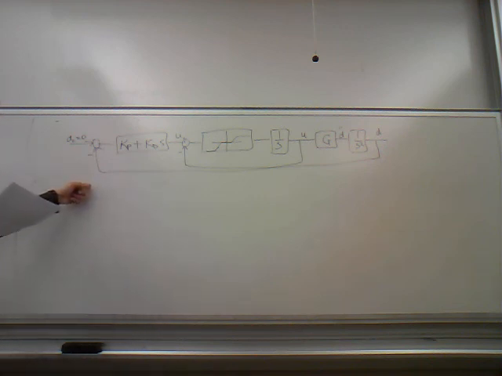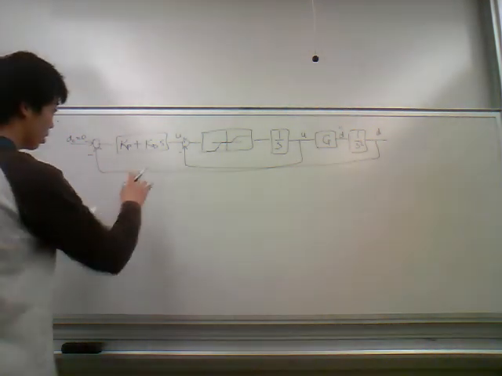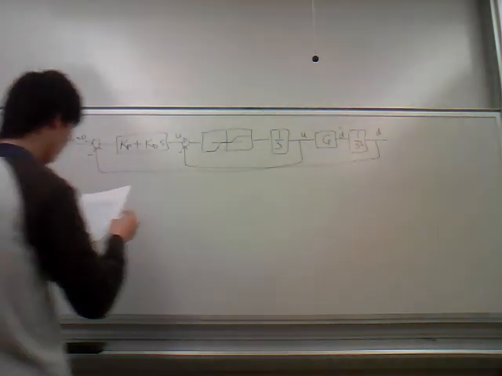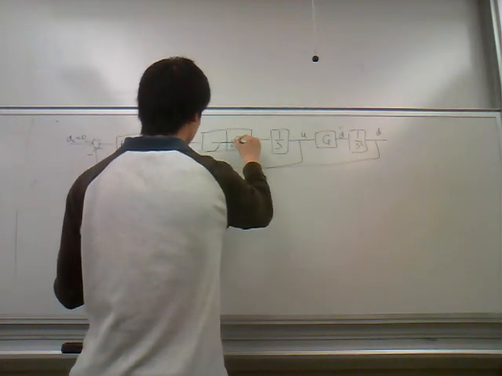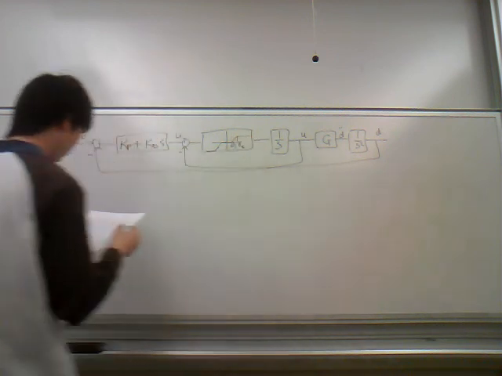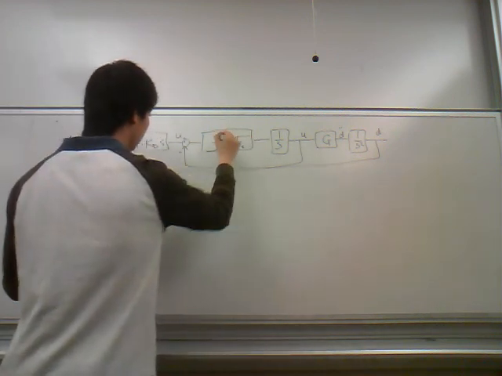So the first part of this question wants you to write this system. There's a delta 1, there's a delta 2 here.